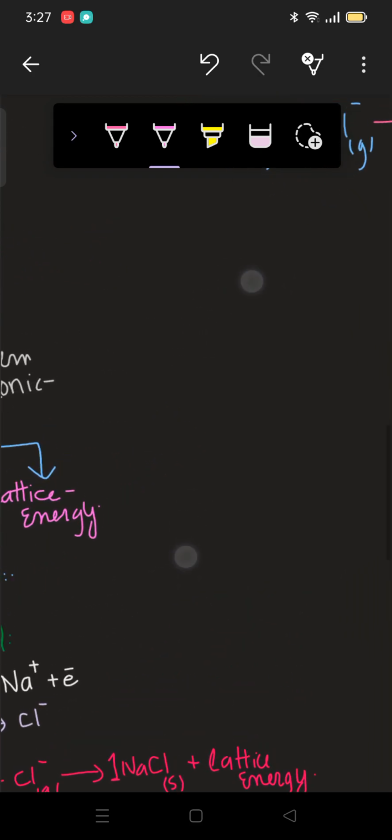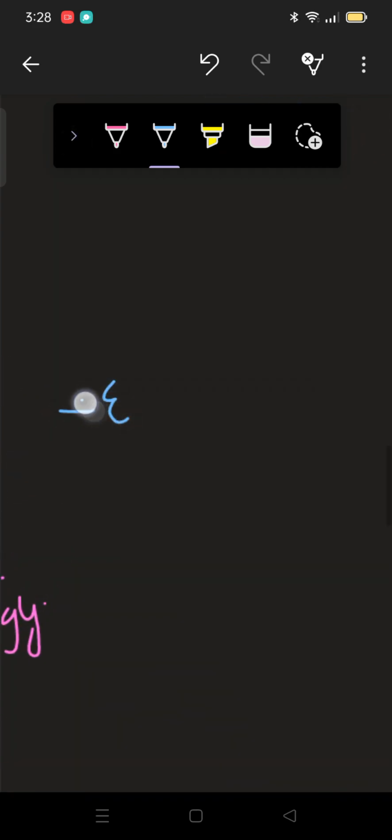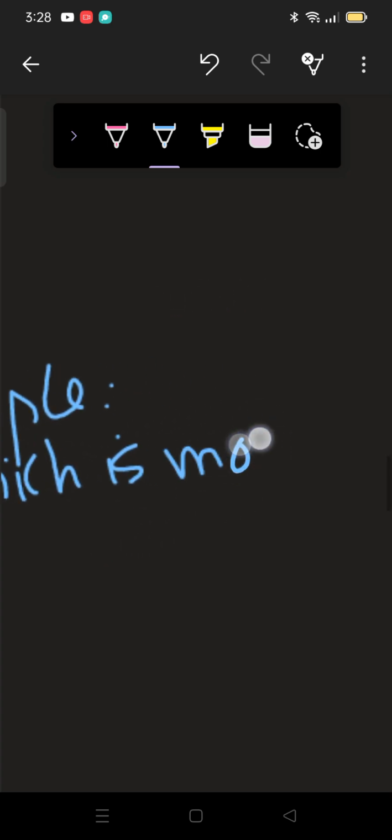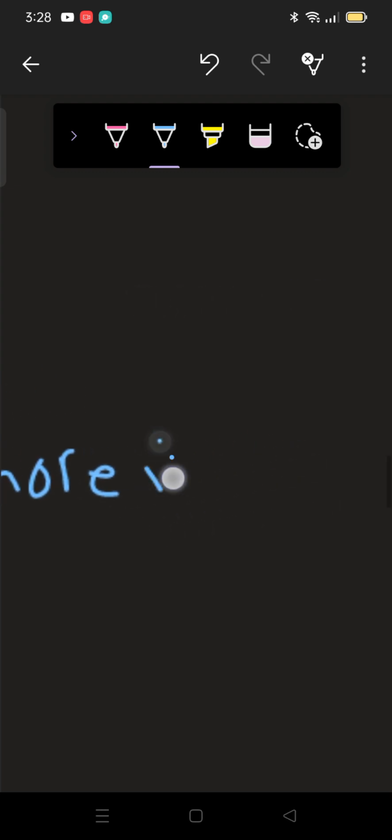So now I'm writing an example here. Which is more ionic? Basically this is a question.